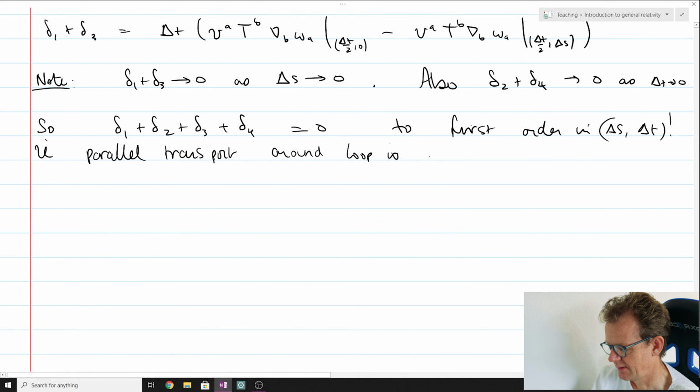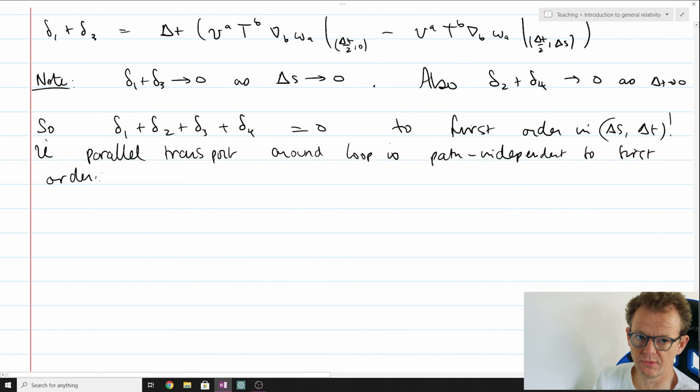I mean, it's definitely path dependent, it's just path independent to first order. So the path dependence appears at second order.